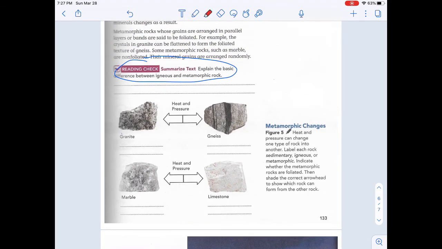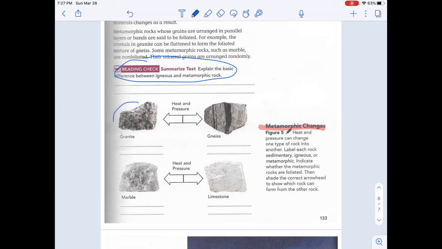And then I also want you to do figure 5. It says, heat and pressure can change one type of rock into another. Label each rock sedimentary, igneous, or metamorphic. Indicate whether the metamorphic rocks are foliated. Foliated means that the rock has been put under pressure and the minerals line up kind of into a straight line.